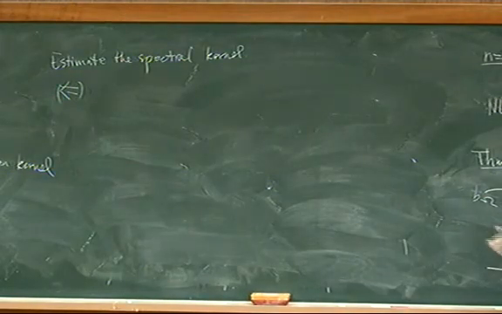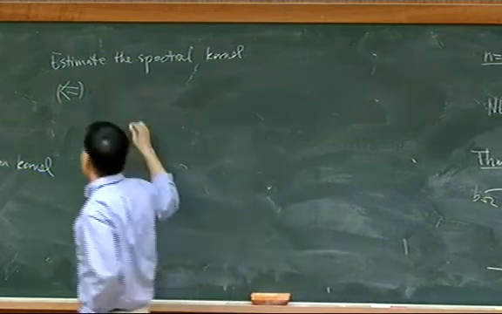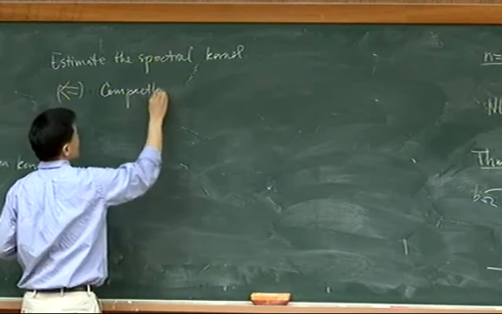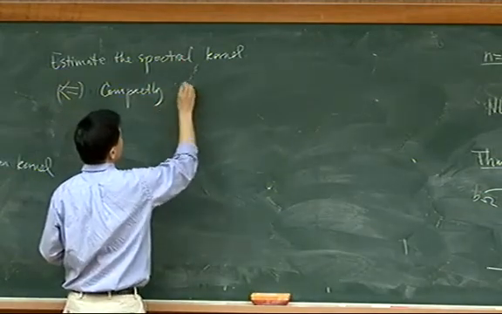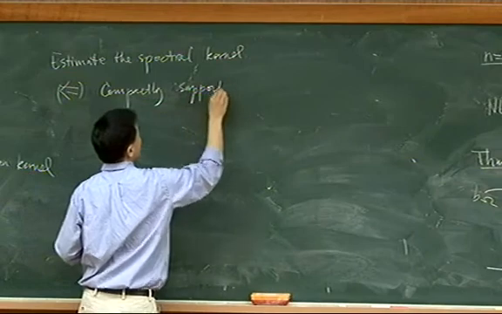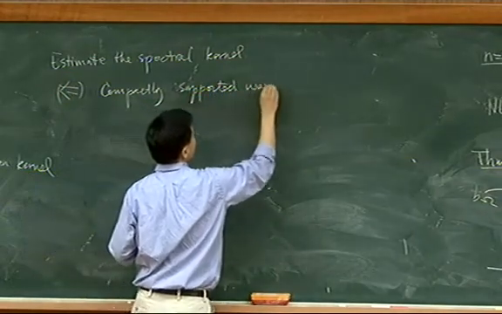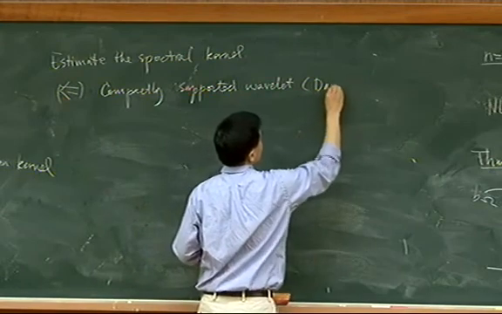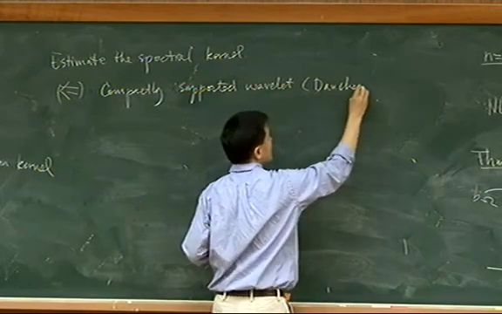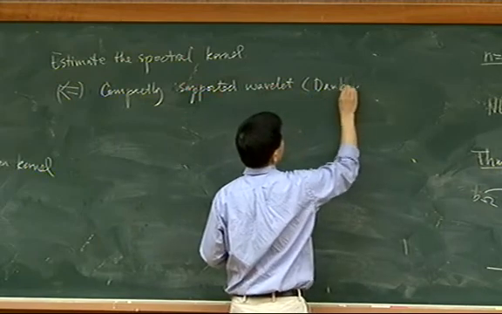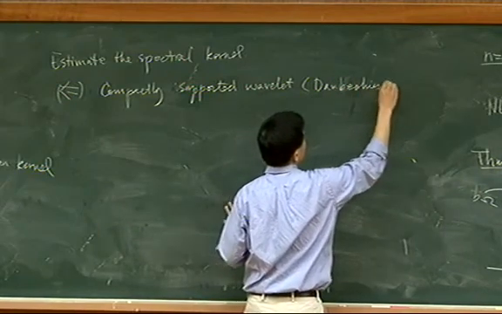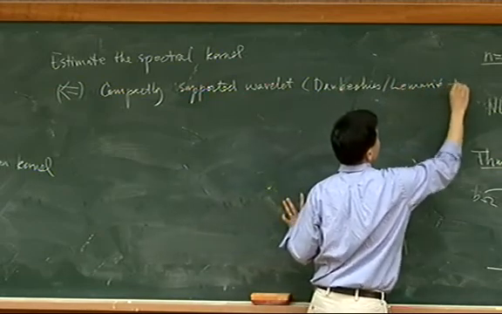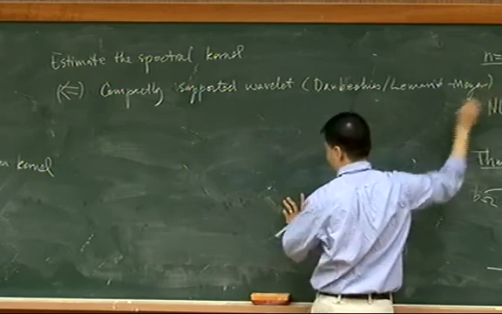You need to prove it is of finite type, and you prove it by contradiction, and you use compactly supported wavelets to construct it. The construction of these is by Daubechies and also by Lemarié and Meyer.